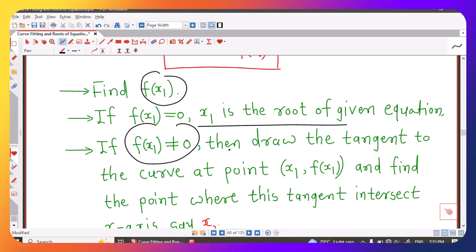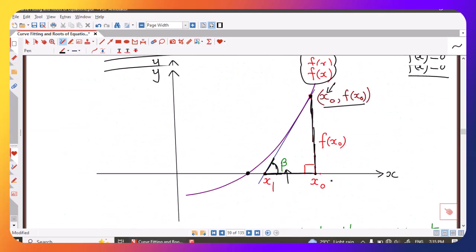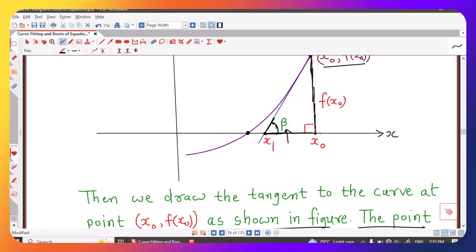So if f(x1) is not equal to 0, then draw the tangent to the curve at point (x1, f(x1)). Here we can see this is f(x1) and it is non-zero. So then in the next step we draw the tangent to the curve at this point.